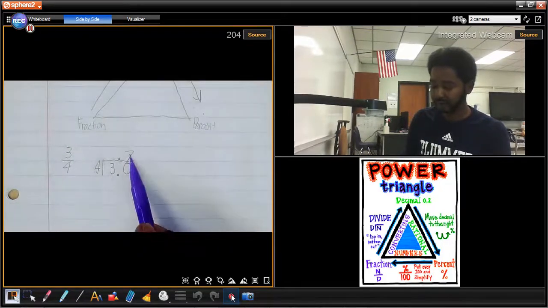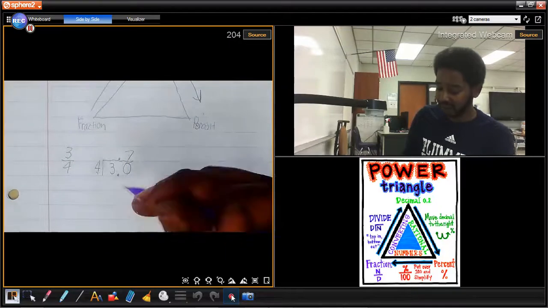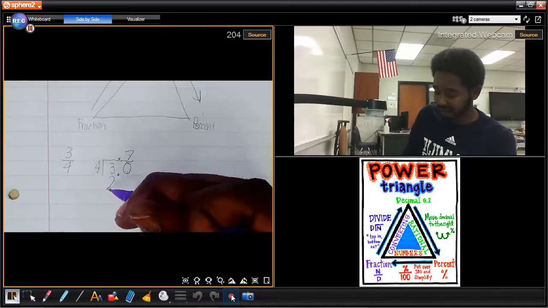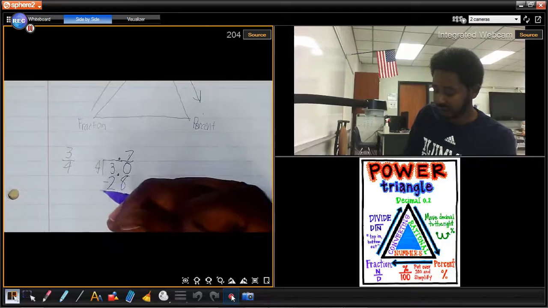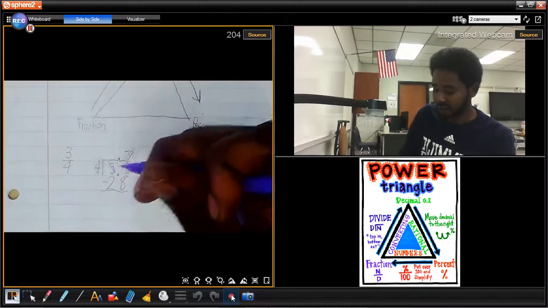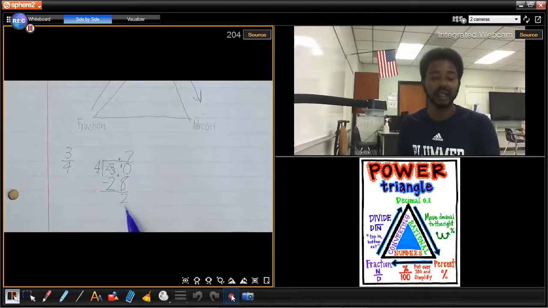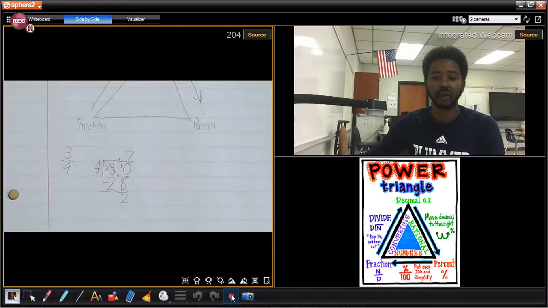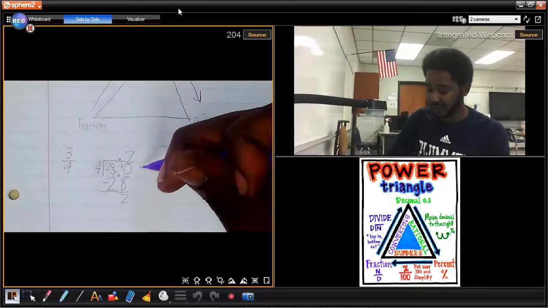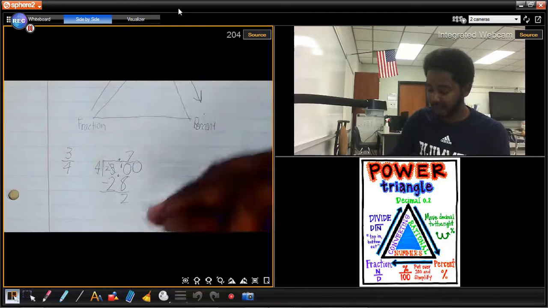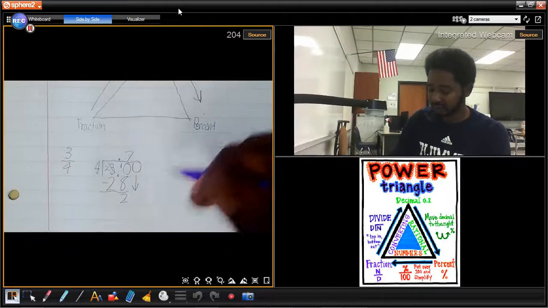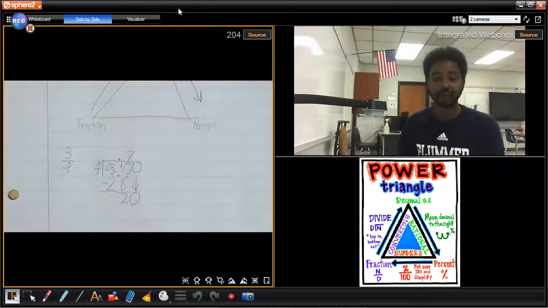We multiply 7 times 4, that gives us 28. We subtract, regroup, so that's 2. But we still have a remainder, so we need to continue until we have no remainder. That means we have to add another placeholder and bring it down.